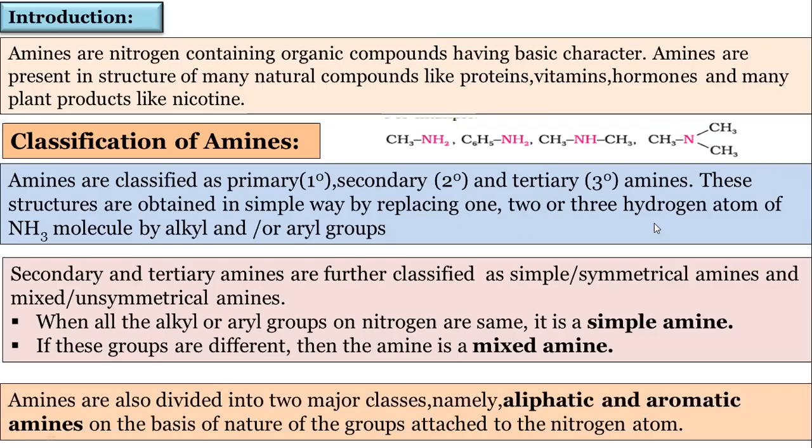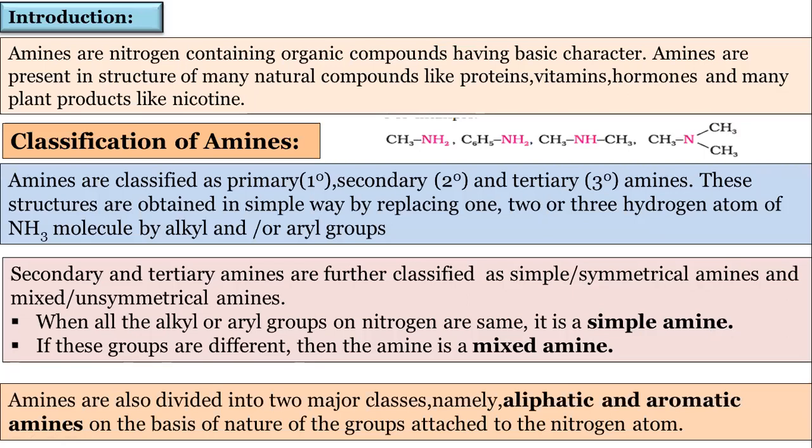So what is meant by amines? This part is already completed, but I want to do the revision again. Amines are the derivatives of ammonia actually. In ammonia, nitrogen and 3 hydrogen atoms are attached.